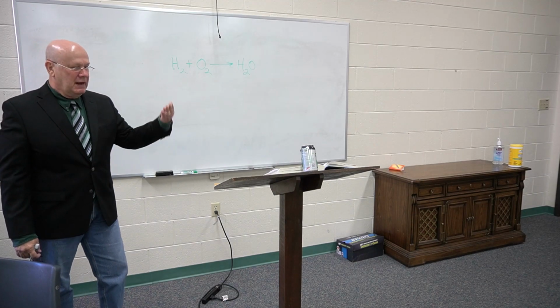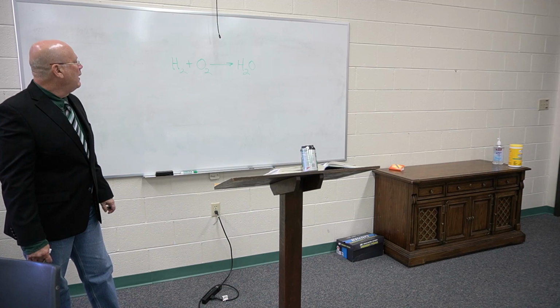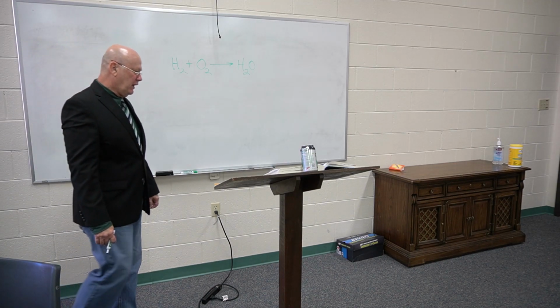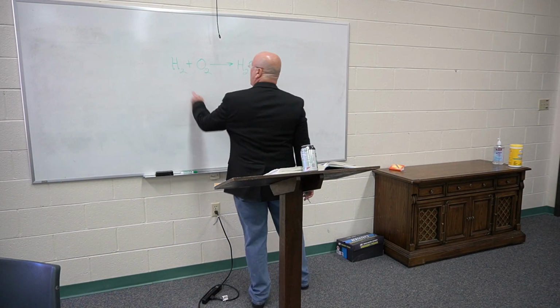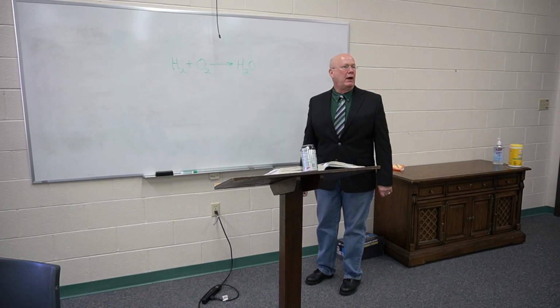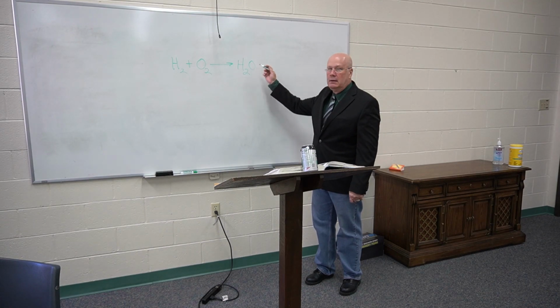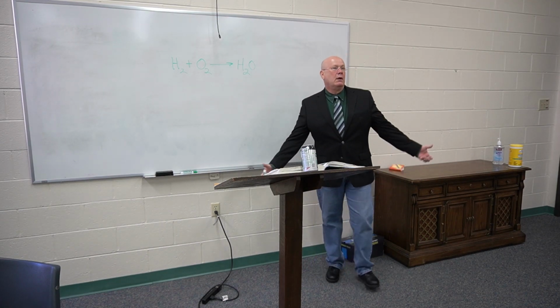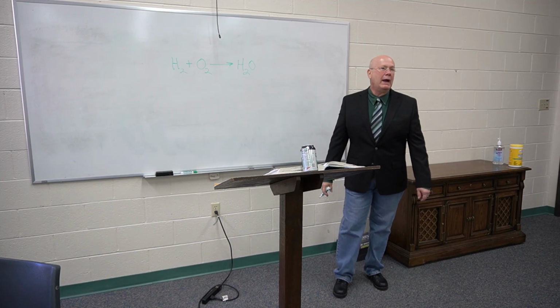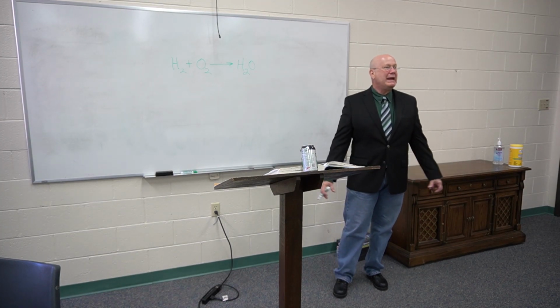We're going to get right into it, so let me just introduce it right now. There's something else you will notice in terms of numbers. We have two hydrogens, and lo and behold, there are two hydrogens on that side. But we also have two oxygens, and we're missing one. So what's a person to do? How could we possibly make that work?